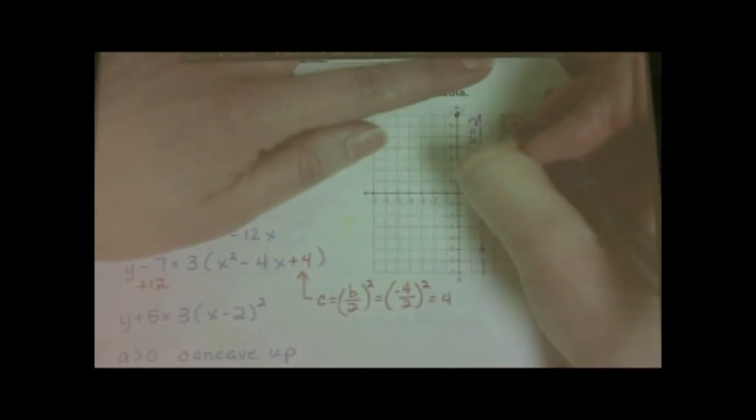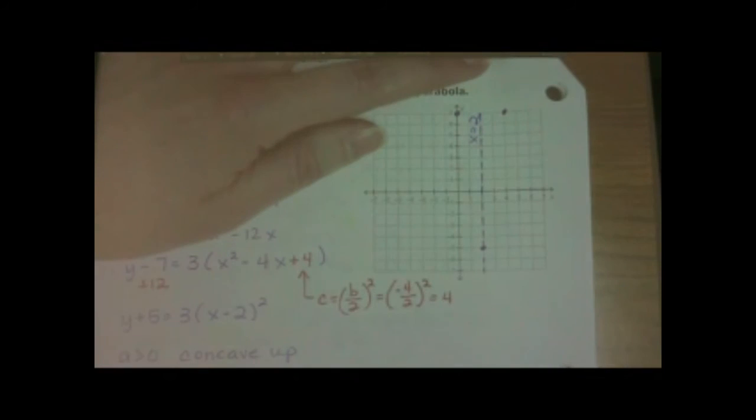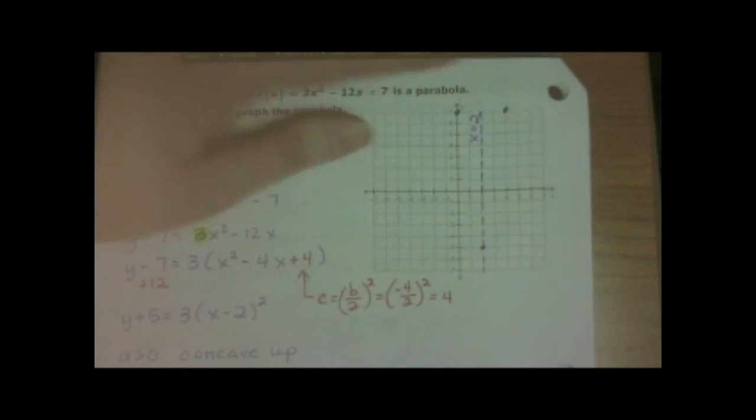So let's go back up to the drawing, and this clearly is a very skinny parabola. Here's my mirror image point on the other side. Very skinny parabola. Let's do the x-intercepts. So the x-intercepts are the point x, 0. So we're going to put 0 in for y.